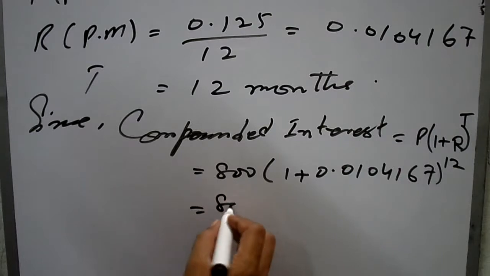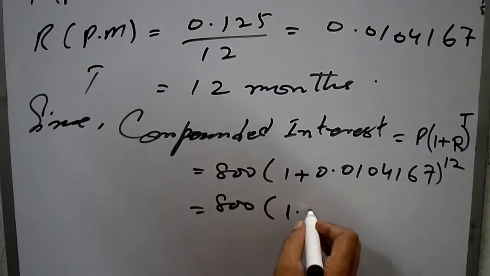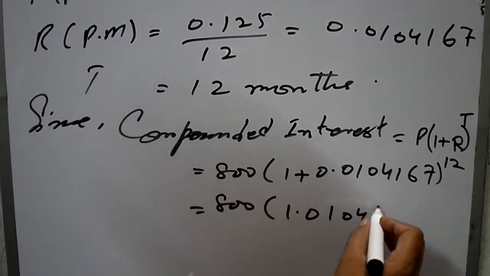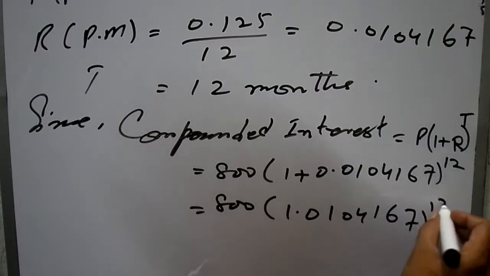So it is equal to 800 into 1.0104167 to the power 12.